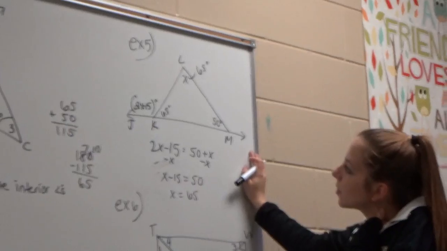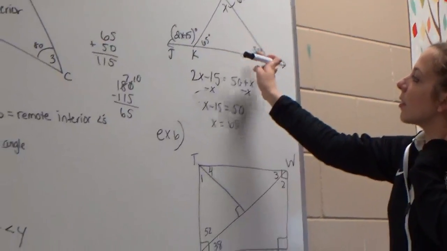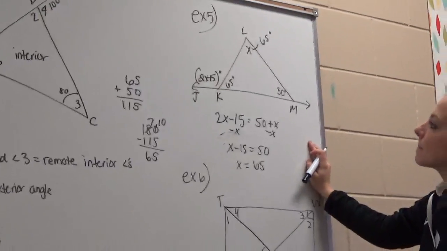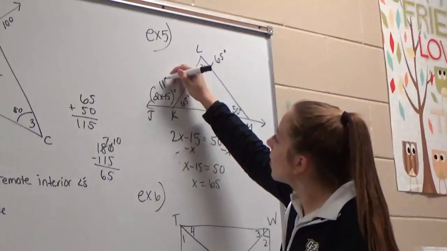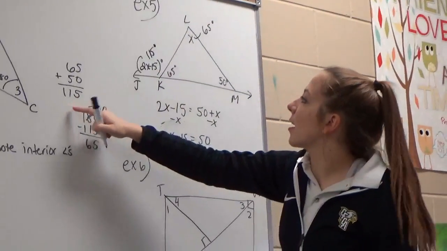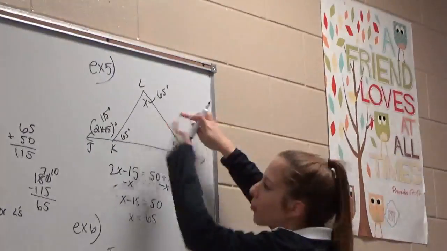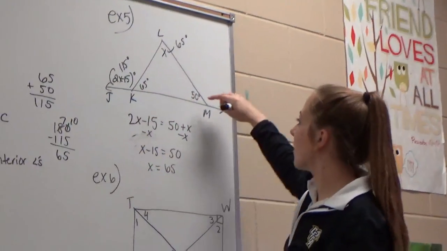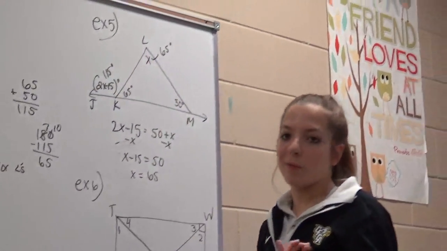So 2x minus 15 equals 65 plus 50, which is 115. So you can write above JKL, that's 115, because angle 1 plus angle 3 equals angle 4. Basically 50 plus 65 is the exterior, and we've already figured out x is 65.